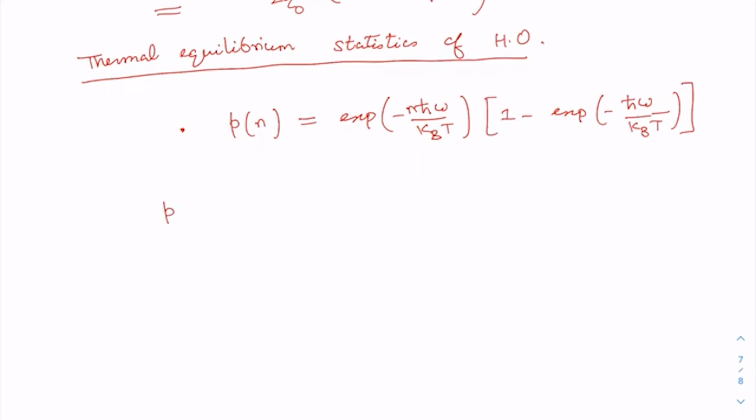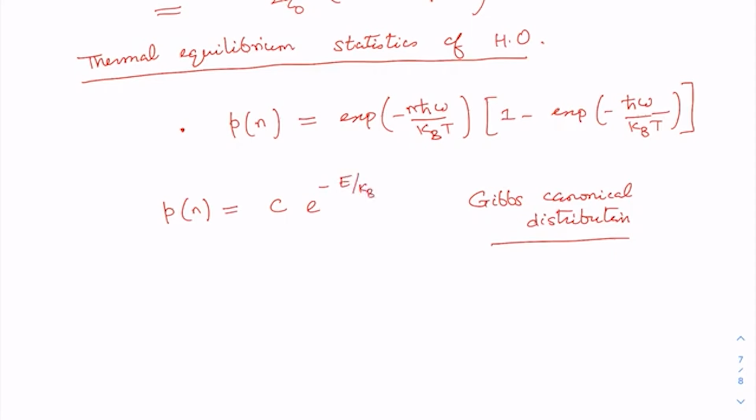As per the Gibbs canonical distribution, the occupation probability is proportional to e to the power minus energy divided by kBT, where kB is the Boltzmann constant and T is the temperature.